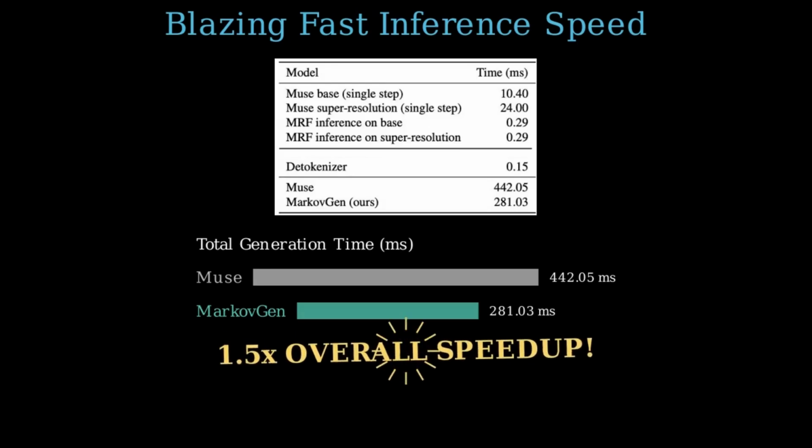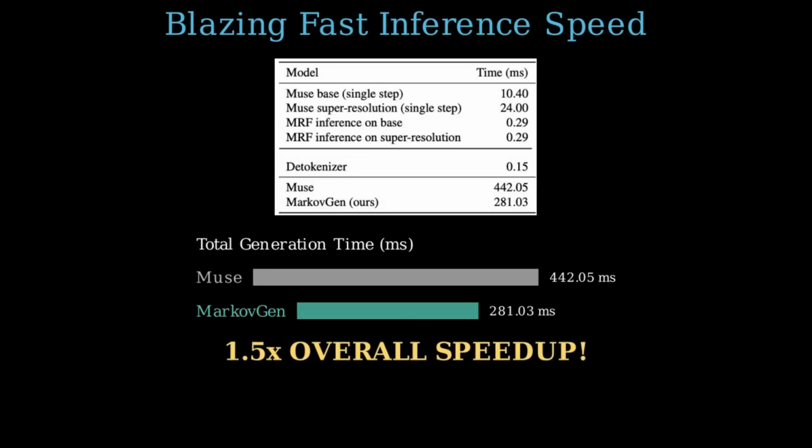Consequently, the total generation time drops significantly to just 281.03 milliseconds. You can clearly see this on the bar chart. The processing time is slashed from over 440 down to around 280 milliseconds. This breakthrough delivers an overall speedup of 1.5 times while maintaining absolute image fidelity.